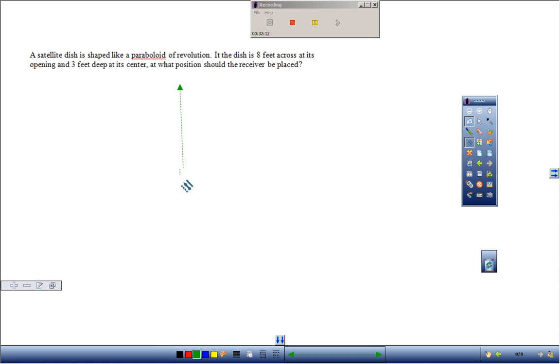So I'm going to try to draw an XY axis, and the dish is 8 feet across and its opening is 3 feet deep at its center. What does that mean? If I draw my parabola, it looks something like this.